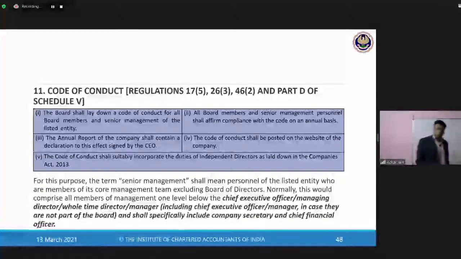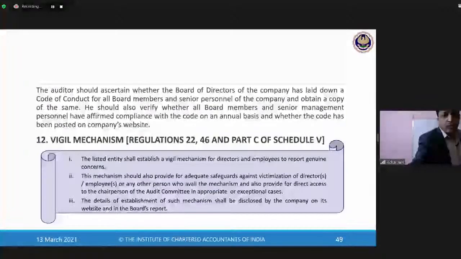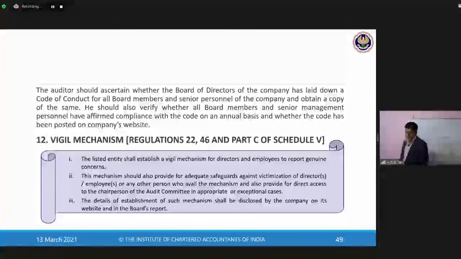Yeah. Moving on to the next part, that is about Vigil mechanism. So let's understand the Vigil mechanism. And this is again something which we discussed earlier. You remember when we were talking about the requirements related to the Vigil mechanism? Yeah. The listed company shall establish a Vigil mechanism for the directors and the employees to report on genuine concerns.